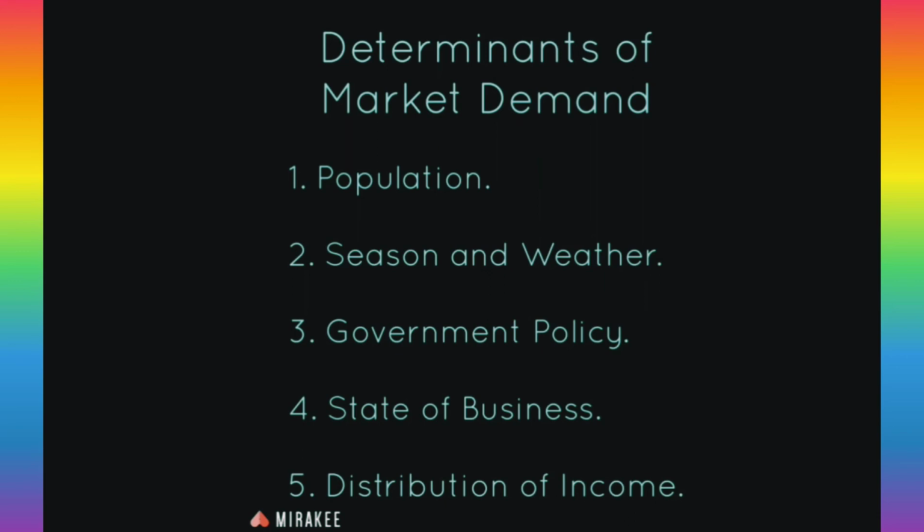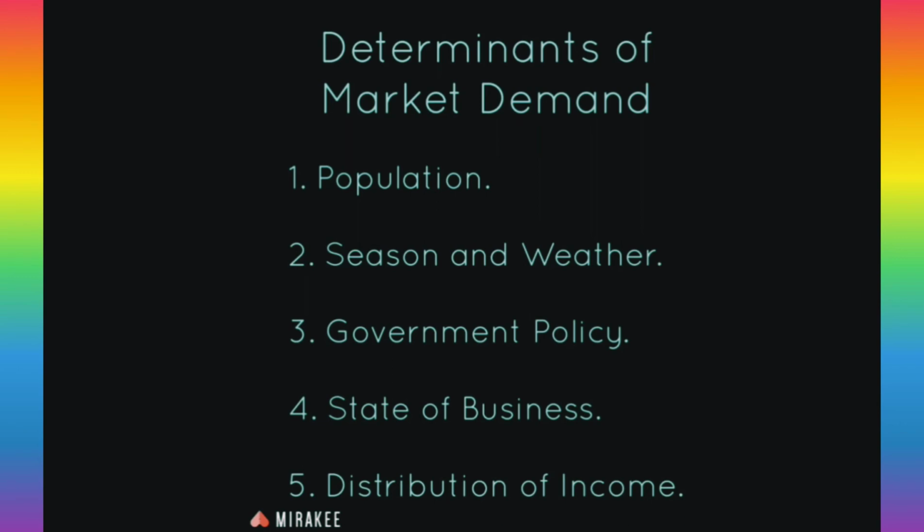Next is government policy. Government policy of a country can also affect the demand for a particular commodity or commodities. It may reduce the demand for a commodity by imposing tax on it or increase the demand by lowering its price through subsidies.